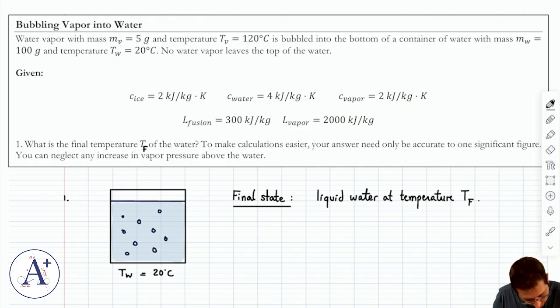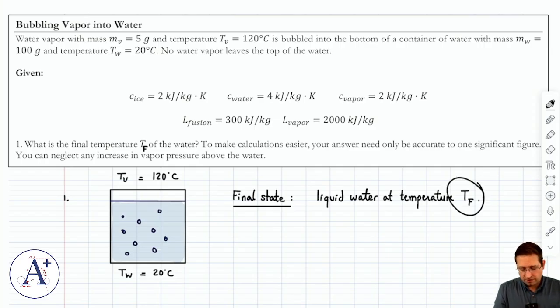So the water is going to have to reach a temperature higher than 20. But of course, the vapor, which is initially at 120 degrees, is first going to have to cool to 100, condense, it's a phase change, and then cool even further to T final. Right? So water vapor undergoes 3 different transformations to cool to T final. The liquid water only undergoes 1.